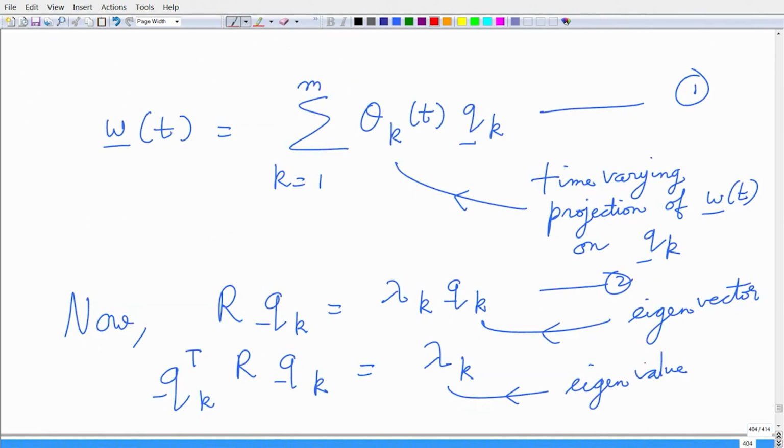Now, W of t can be written as the summation k equals 1 to m of theta k of t times q k, where theta k is basically the time varying projection of W on q k. So, this is an eigen expansion.